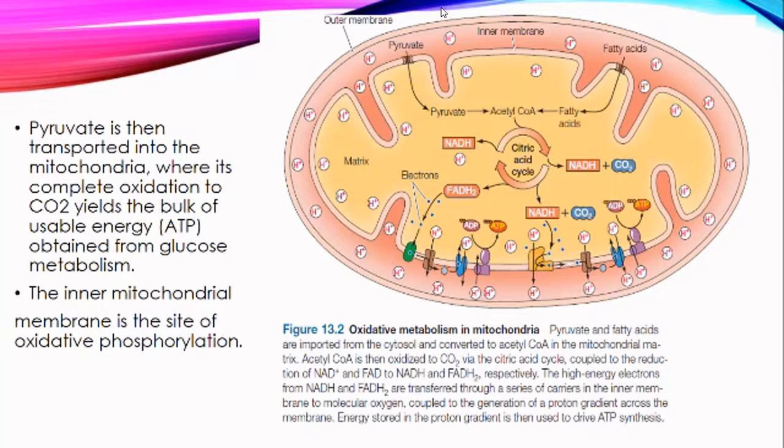So the pyruvate will enter through the pore. Then in the matrix, it will combine with acetyl-CoA for the citric acid cycle. The citric acid cycle produces NADH, and NADH and FADH2 will go to the electron transport chain, or the ETC, to produce more ATP.